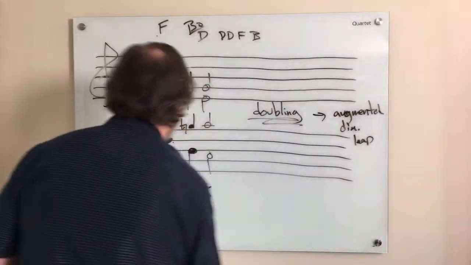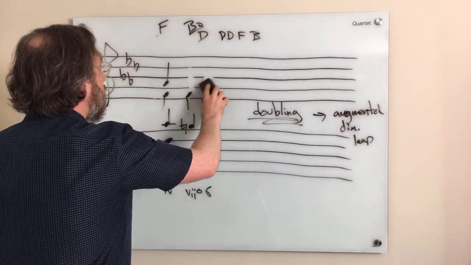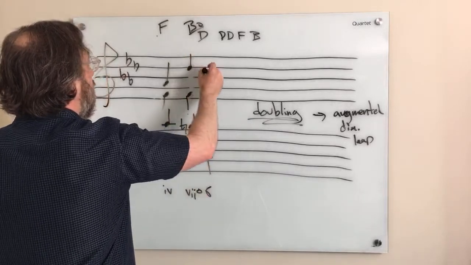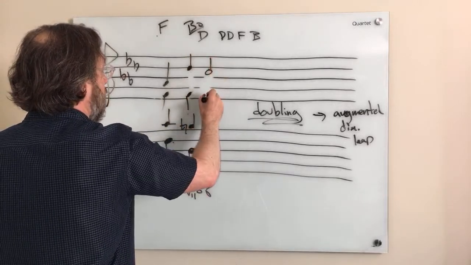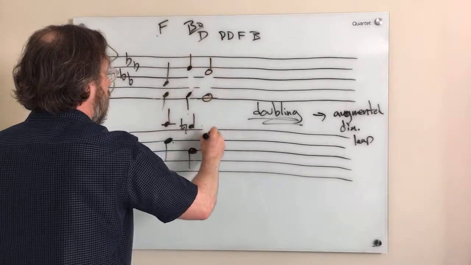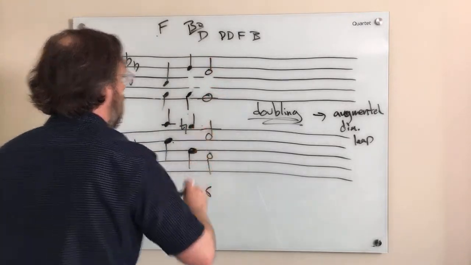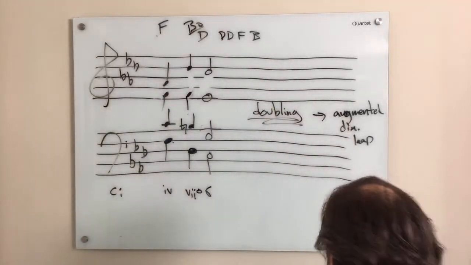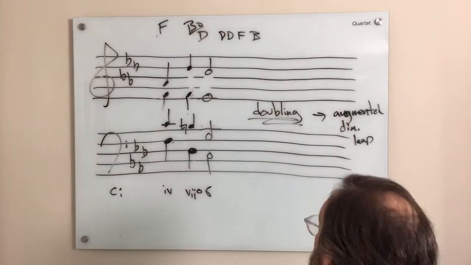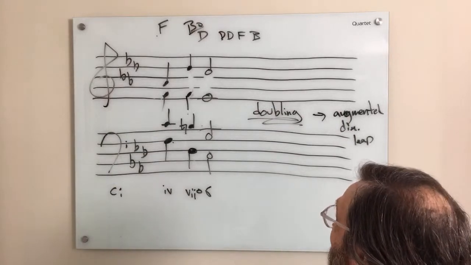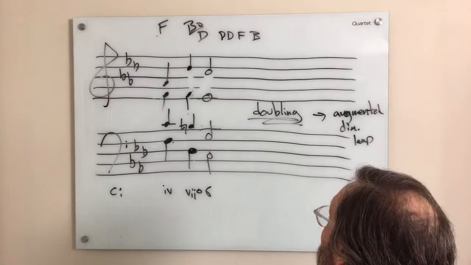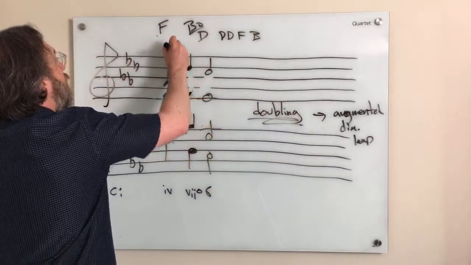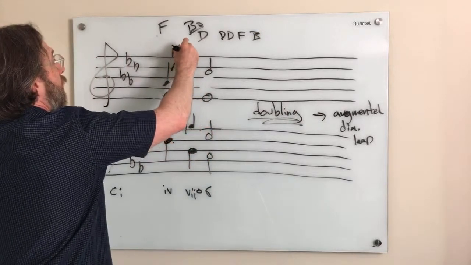Right, so what if you were to instead do this? Would that be, let me just listen to it. Oh, that's so dissonant. You know, I don't think you would find this in an outer voice.